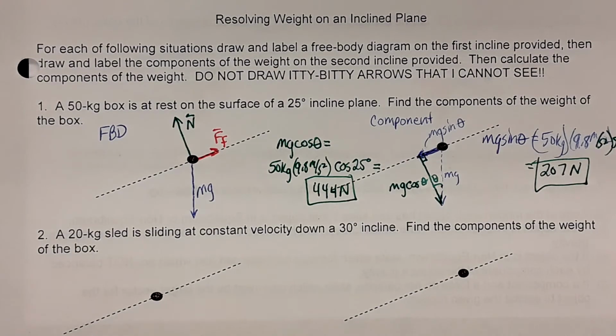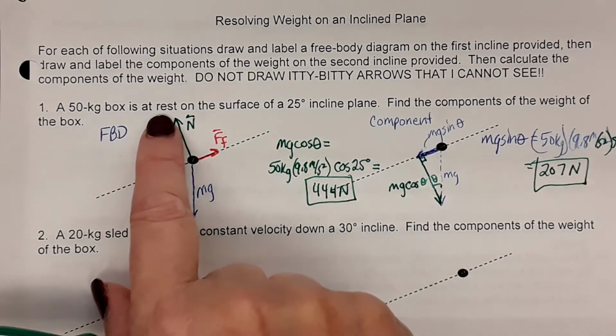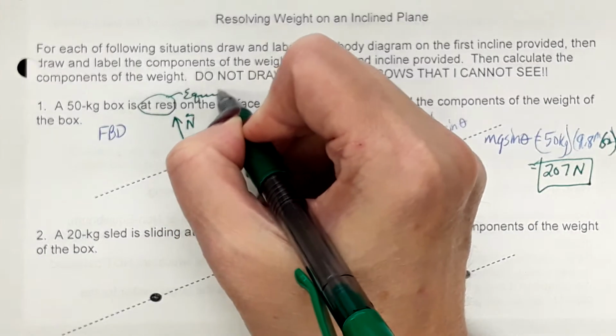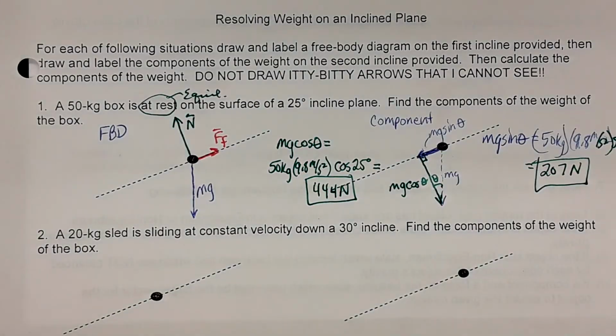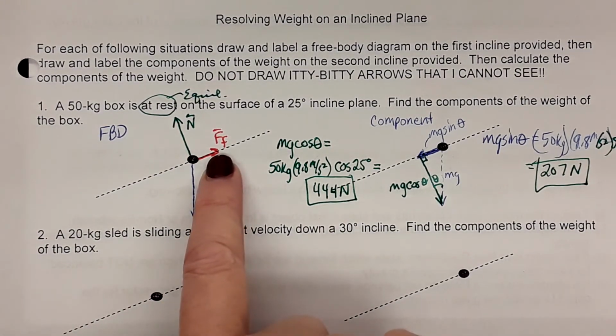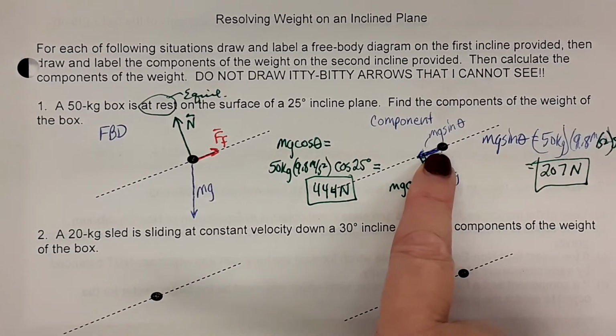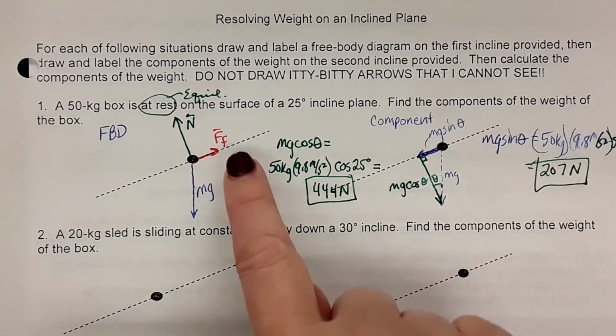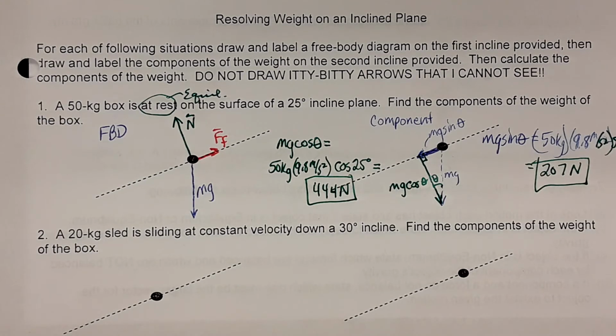So if this were an actual problem, and notice the object is in a state of equilibrium, and they said, what's the friction force? Well, because it's in equilibrium, the friction is being balanced by this component. And you just saw this component is 207 newtons, so guess what? The friction must also be 207 newtons.